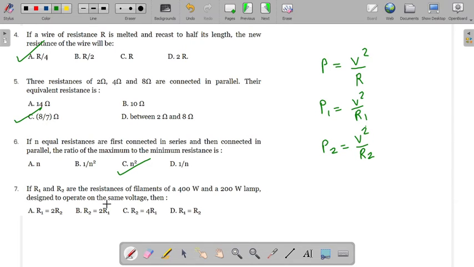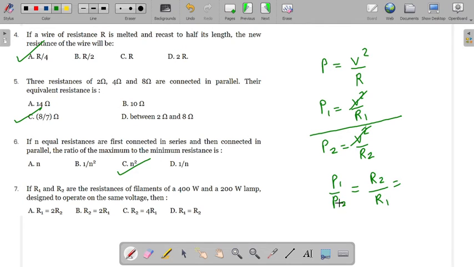Since they are operating at the same voltage, we are not taking V1 and V2. It is the same. So on dividing these equations, V square and V square can be cancelled. So P1 upon P2 equals R2 upon R1 actually.